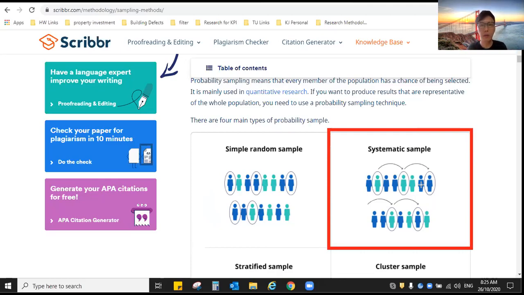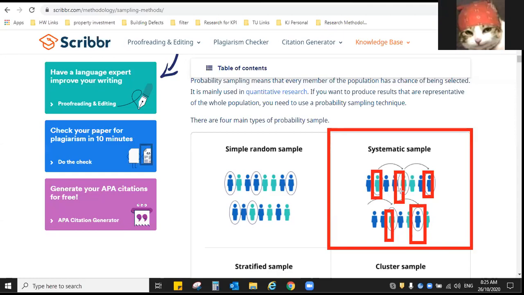In the first row, I choose number 2 onwards, then followed by the third one, followed by the third one, and again the third one. This is called systematic sample. Every third one I take. I plan that every third one I take.